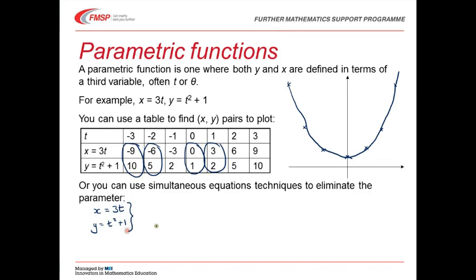It's usually, but not always, easiest to solve these by substitution, and from the first equation I get that x over 3 is equal to t, and I'll substitute that into the second one, y equals (x over 3) all squared plus 1, and my equation is y equals x squared over 9 plus 1, and you can see that that is indeed what I sketched.